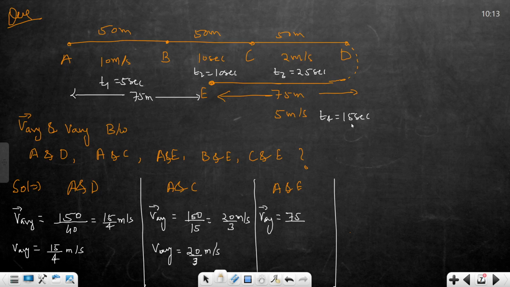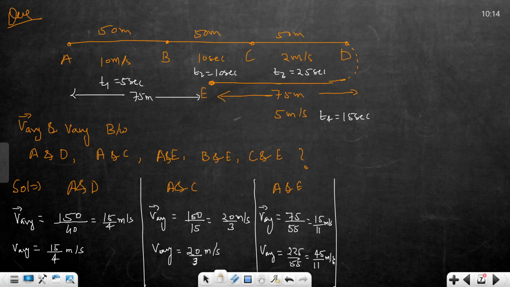So this is coming to be 55. So 15 by 11 is the average velocity. And what about average speed? The net length covered is 50 plus 50 plus 50 plus 75. So this is 225 by 55. Clear? Any doubt?